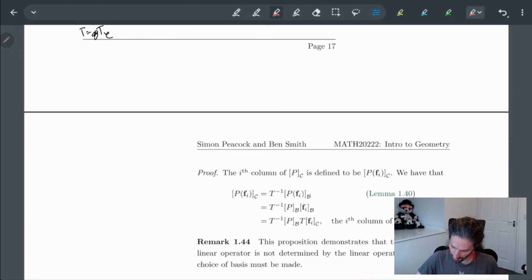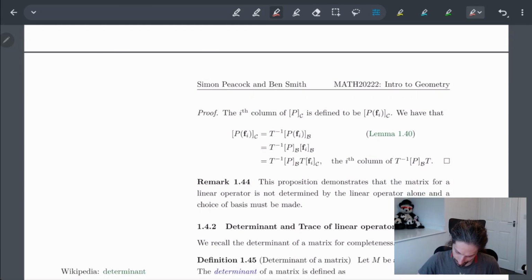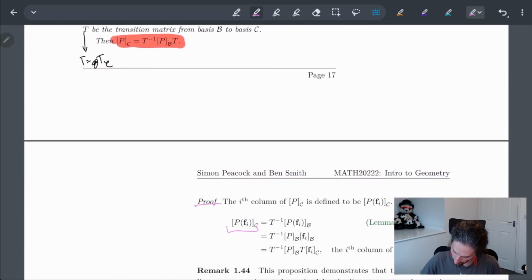To see this, it's just a small little proof. It's not too bad to see. Basically we start off with some vector here, Fi. And then here we convert this into going to B. So here we want the inverse of T, right? So this is coming from lemma 1.4.